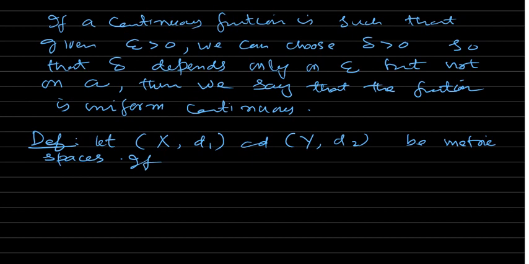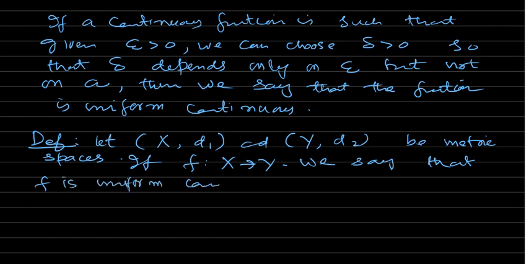If f is a function from X to Y, we say that f is uniformly continuous on this space X, not at a particular point.